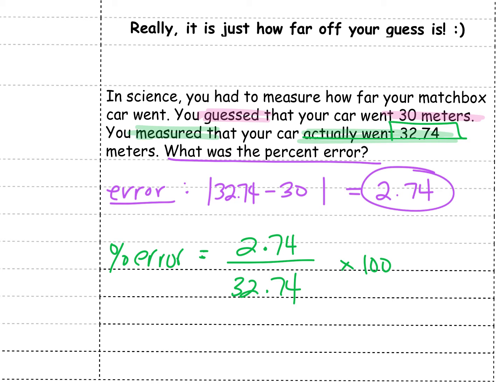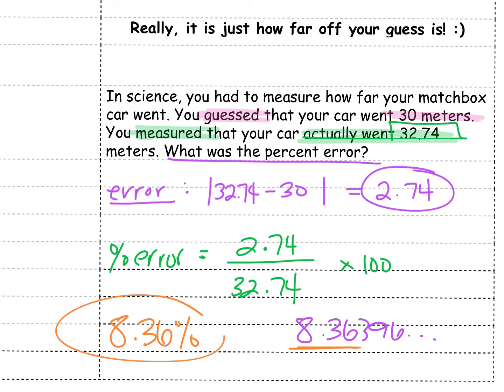And when I enter that, I end up with 8.36396, and so on. But generally we like 1 to 2 decimal places, so I'll do 2 this time. So my percent error was 8.36%. So I was about 8% off with my guess.